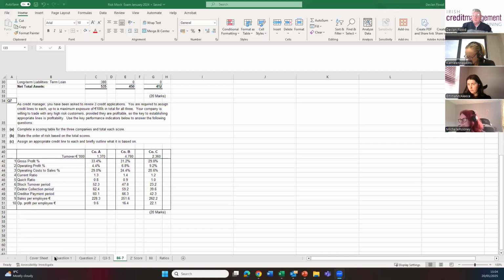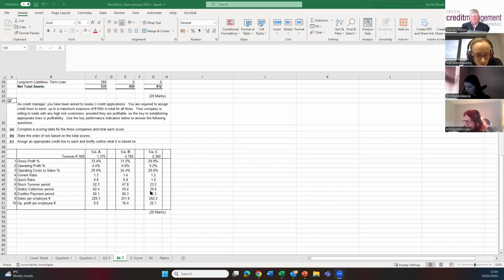And question seven is exactly the same as question seven on the mock paper. Where is it there? I'll just go back and share. So you have your table with your percentages already filled in, and then you have to put 0, 1, 2, or whatever in here.